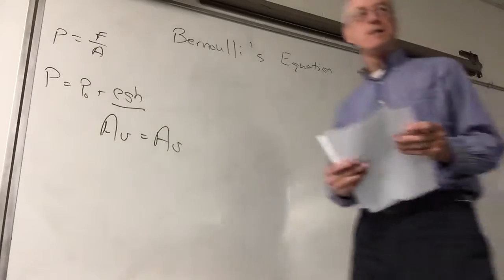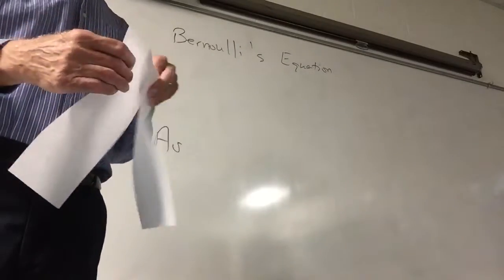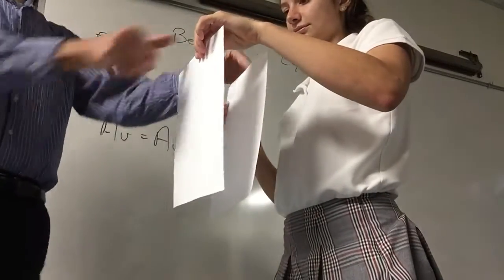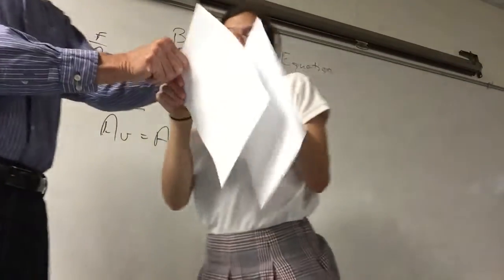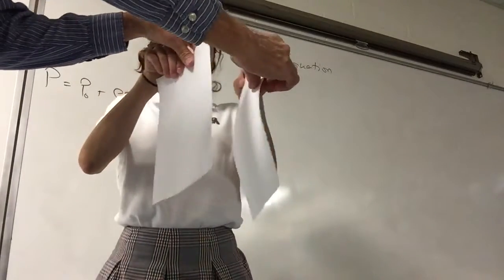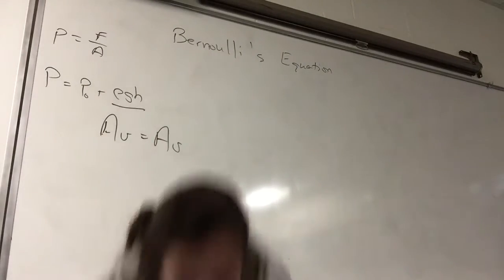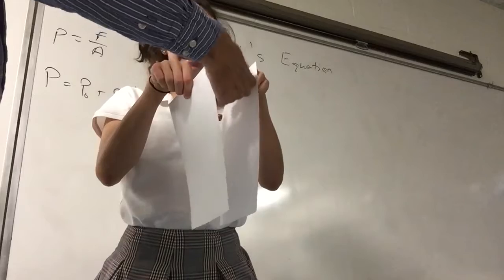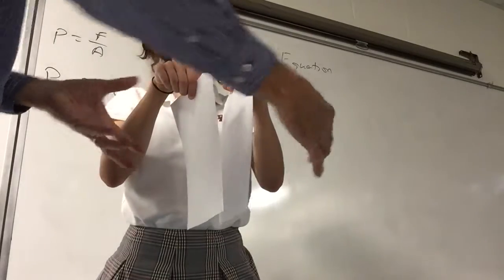All right, Julia, come up here. Now, Julia is going to hold these two sheets vertically like this, and then just hold them like this, so get them in front of you. And then she's going to blow out of her mouth between the two sheets. So air is going with great velocity between the sheets, but not on the outside.